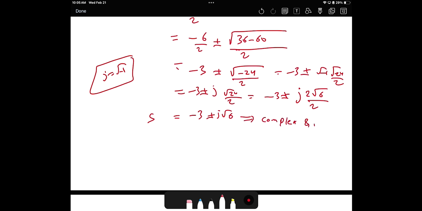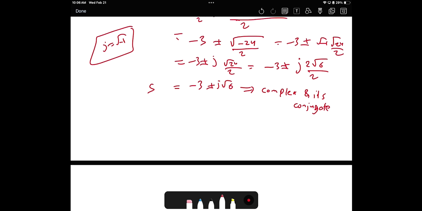The poles must come as pairs, the complex with its conjugate. For a causal system or a real-life system, if there is any complex pole, there must be its conjugate. It is a must for a real-life system.